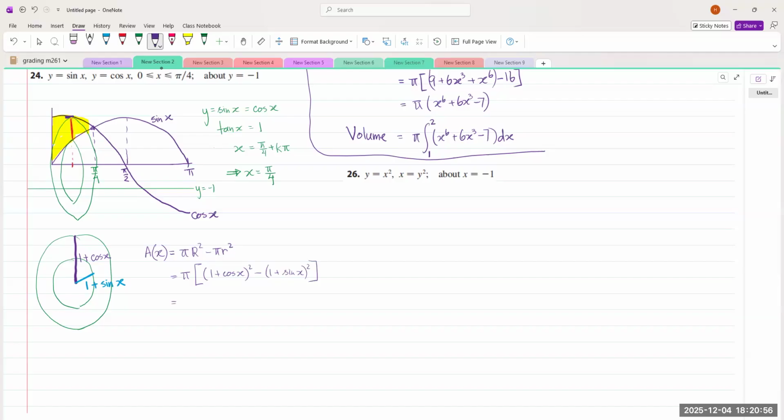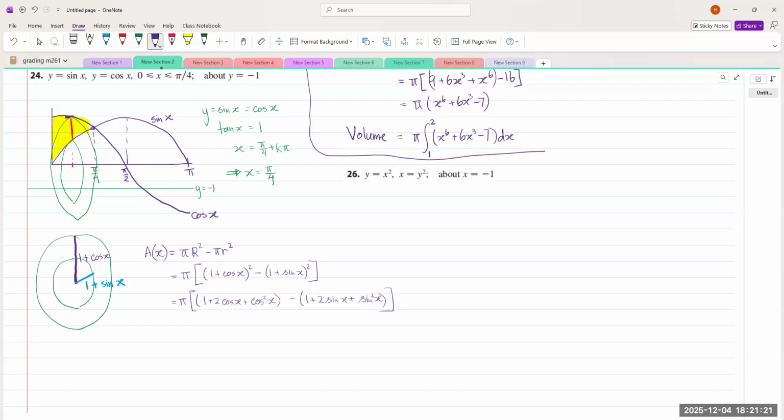Okay, then if I FOIL that, we get 1 plus 2 cosine x plus cosine squared x minus 1 plus 2 sine x plus sine squared x.